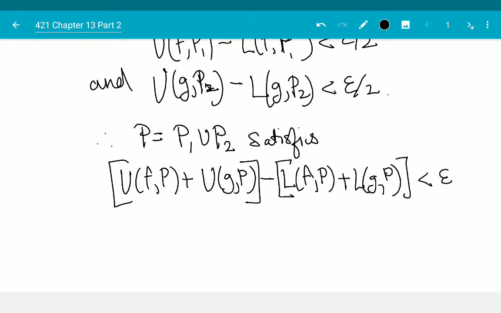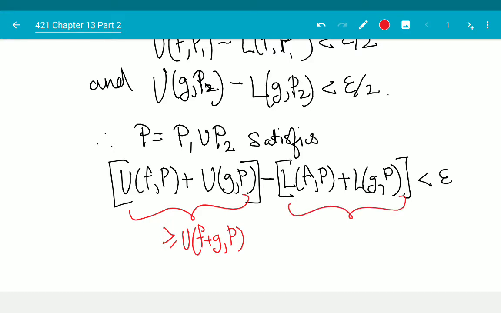Okay, great. This is the maximum possible value of this, which is greater than or equal to U(f+g,P).